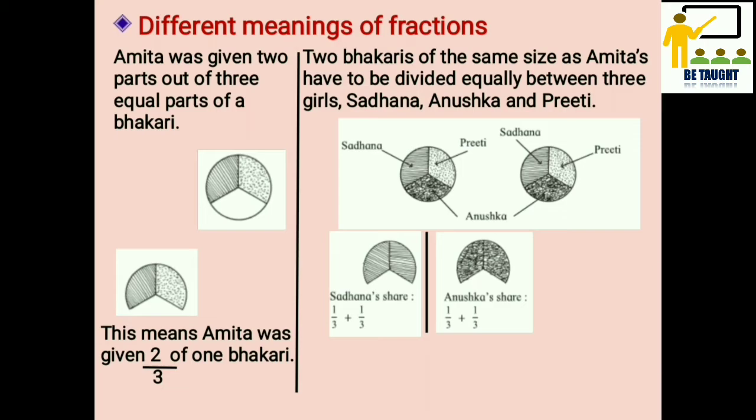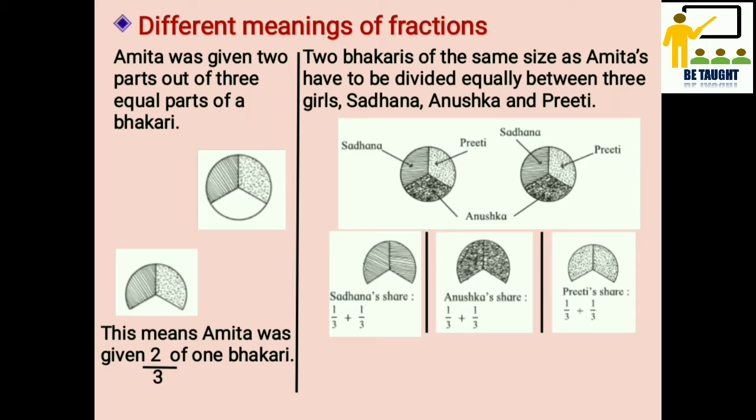Anushka's share was 1 upon 3 plus 1 upon 3. And Preeti's share was also 1 upon 3 plus 1 upon 3. So each girl was given a 1/3 part twice.